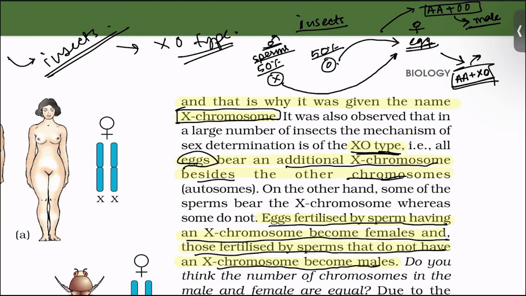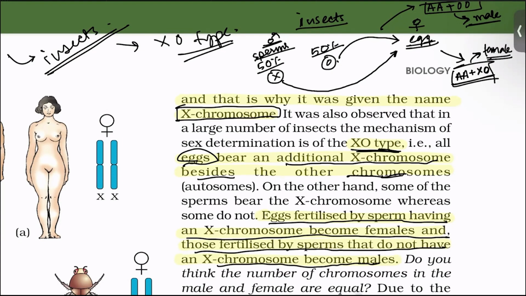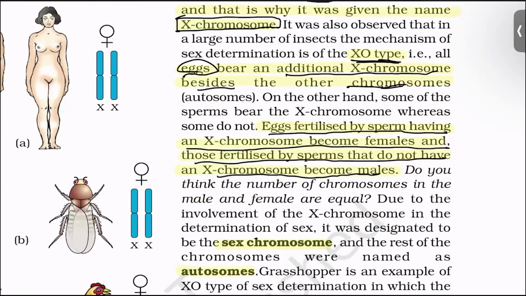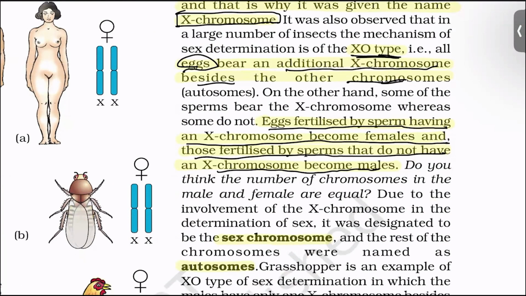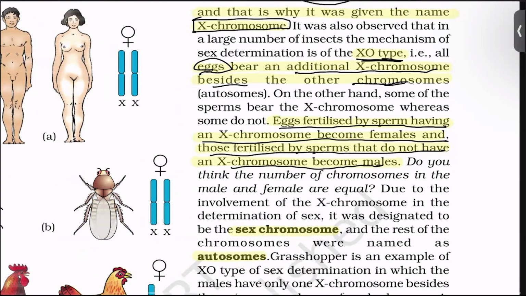So this is the mechanism of sex determination in insects, and it is also known as XO type.